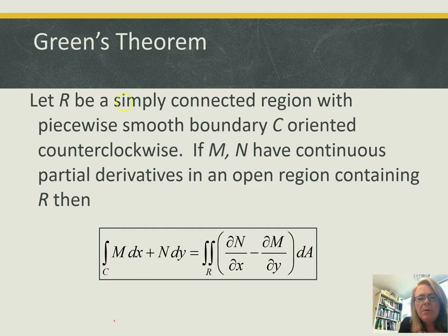So let's go ahead and start by looking at the phrase simply connected region and see what that conveys to us. A simply connected region is basically a region that is bounded by a simple curve.